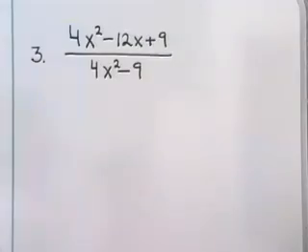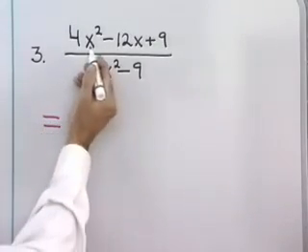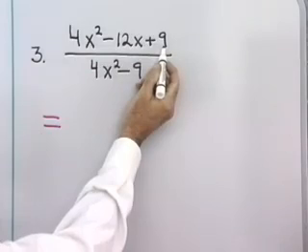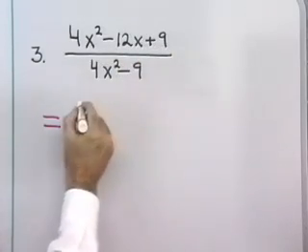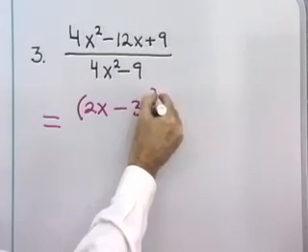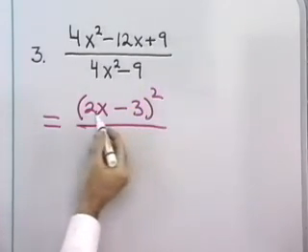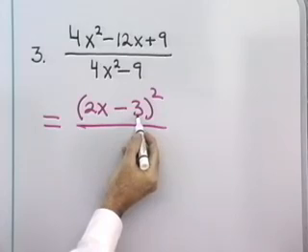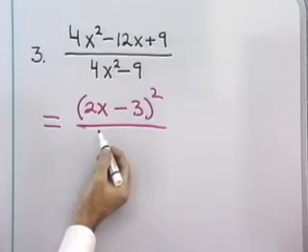Here's another problem. Let's look at the numerator first and see if we can factor it. Looks like 2x squared minus 12x plus 9. The first term and the last term are perfect squares, so let's try 2x minus 3 quantity squared. 2x times negative 3 is negative 6x, doubled is negative 12x, so that works.